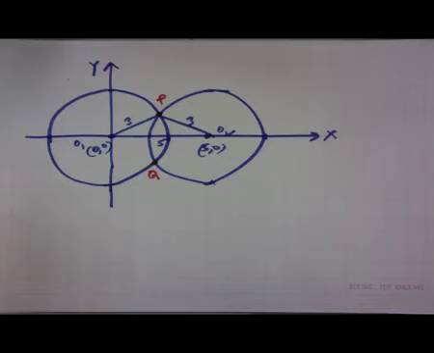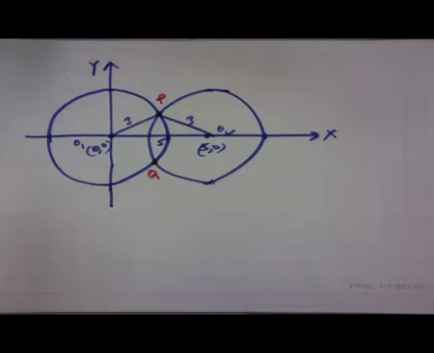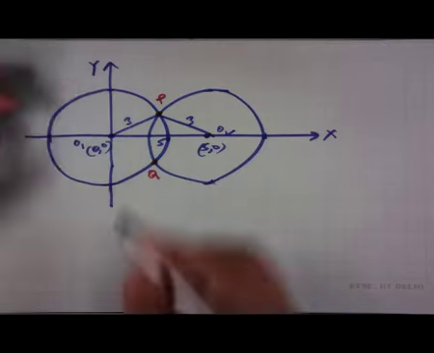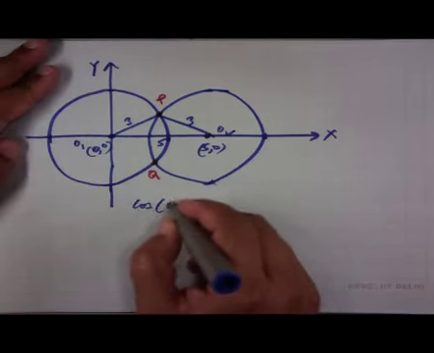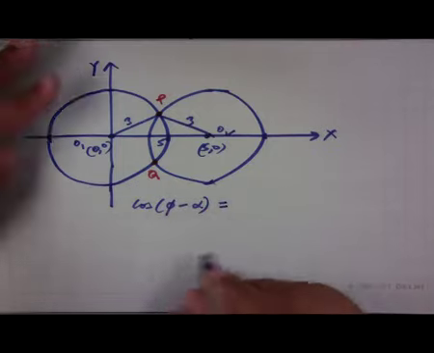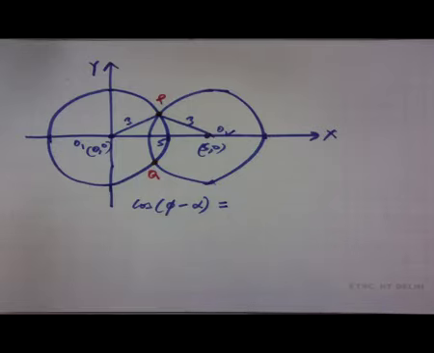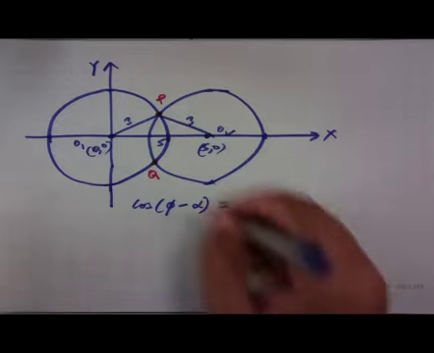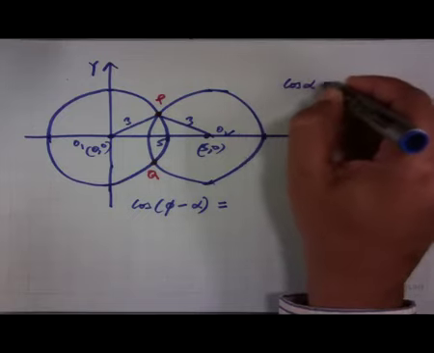So, for this case, if we follow the same analysis that we had done for the general case, then what we will get is that cos of phi minus alpha will be equal to, here our alpha is such that cos of alpha.